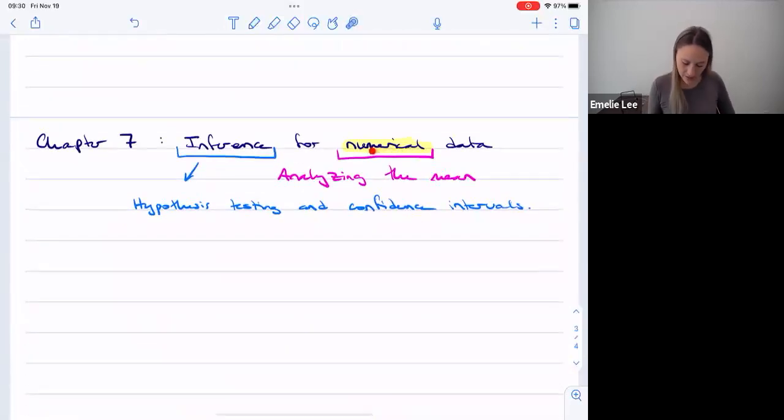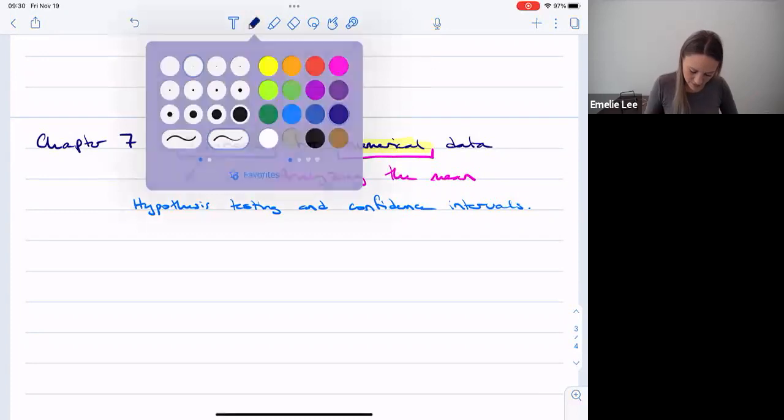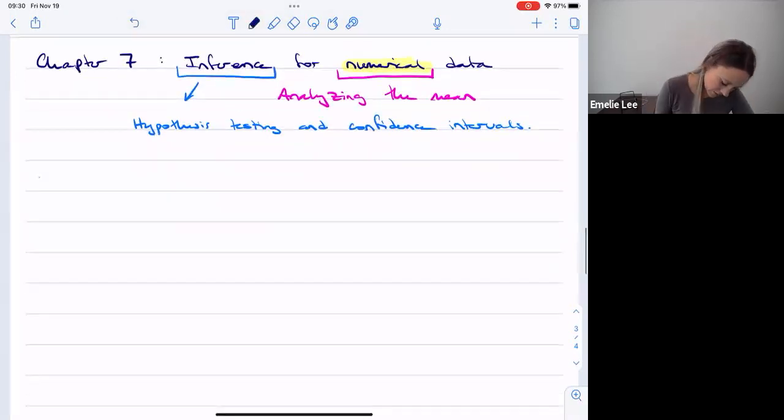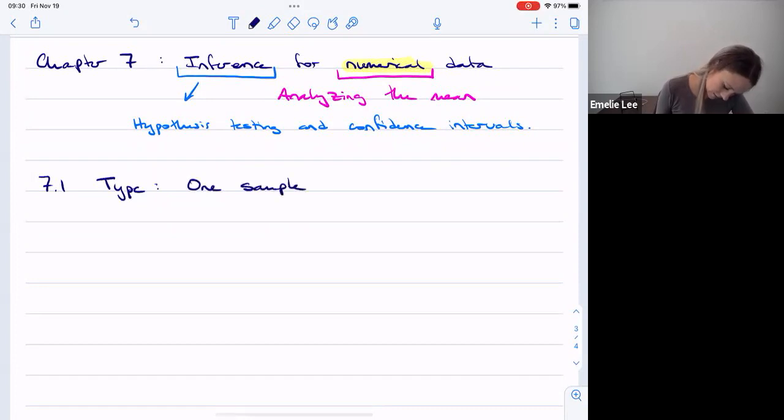Right, so here we have numerical data, which means we're going to be analyzing the mean. So our hypotheses and our confidence intervals will all be about the mean. 7.1 is a new type of question, and I'll just say the type here is one sample mean.